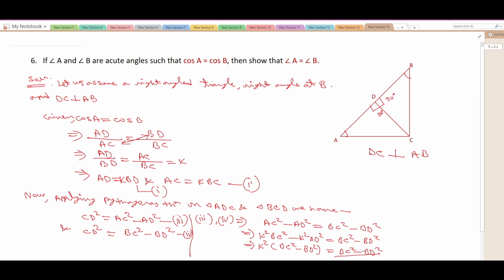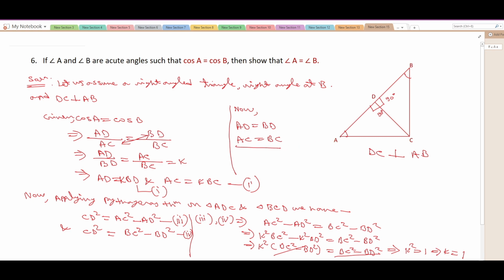BC square minus BD square cancels out. Then we have K square equals 1, so K equals 1. Now putting this value in equation 1 and 2, we get AD equals BD and AC equals BC.